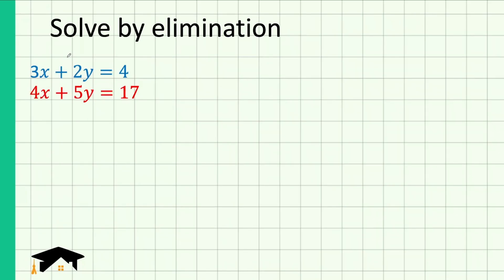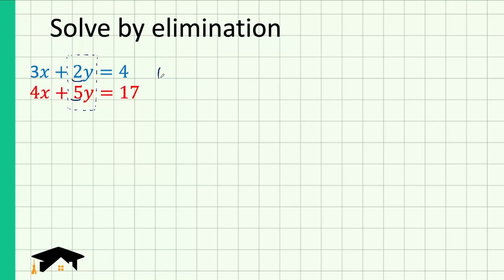Let's try now to eliminate y. So we have to pay attention to this column of the equation. For this, what we usually do is multiply the lower equation by the coefficient in the first equation and the first equation by the coefficient in the lower equation. What does this mean?